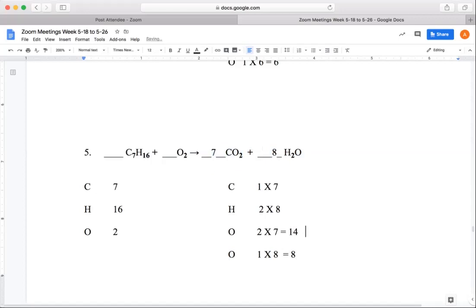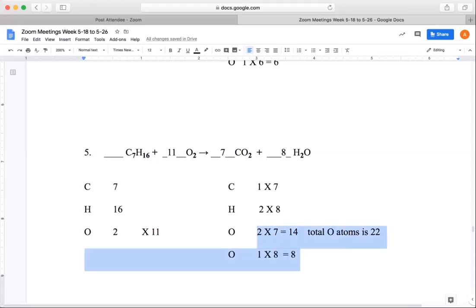So our total number of oxygen atoms is going to be 22, right? So we're going to have to multiply this by 11. All right, so we're going to have 11 oxygen molecules on the left to equalize the 22 oxygen atoms from the right.